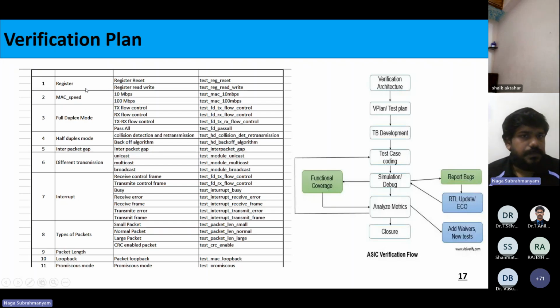Like that, based on the specification document given by the designer, I'll prepare this plan. Nowadays most of the designs come register based, meaning they have a set of registers and one state machine. Behind that, the logic is different, that is the data flow.